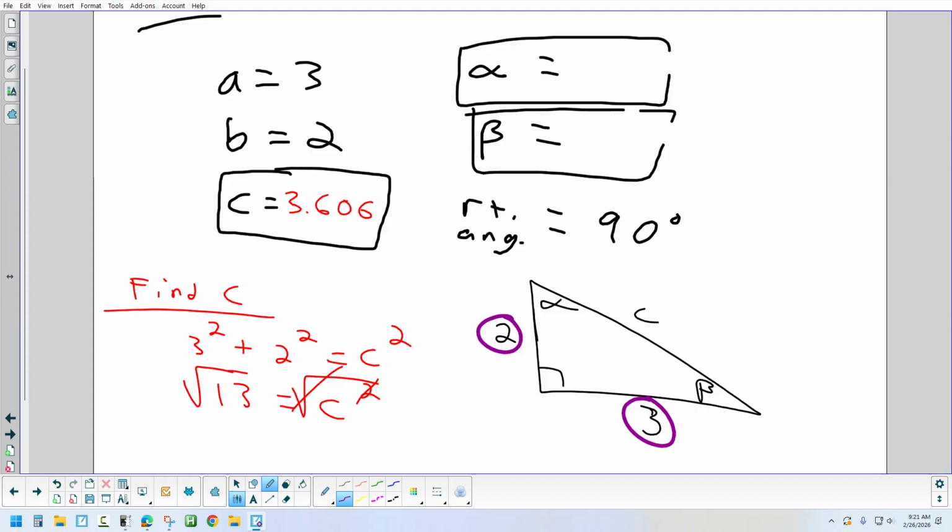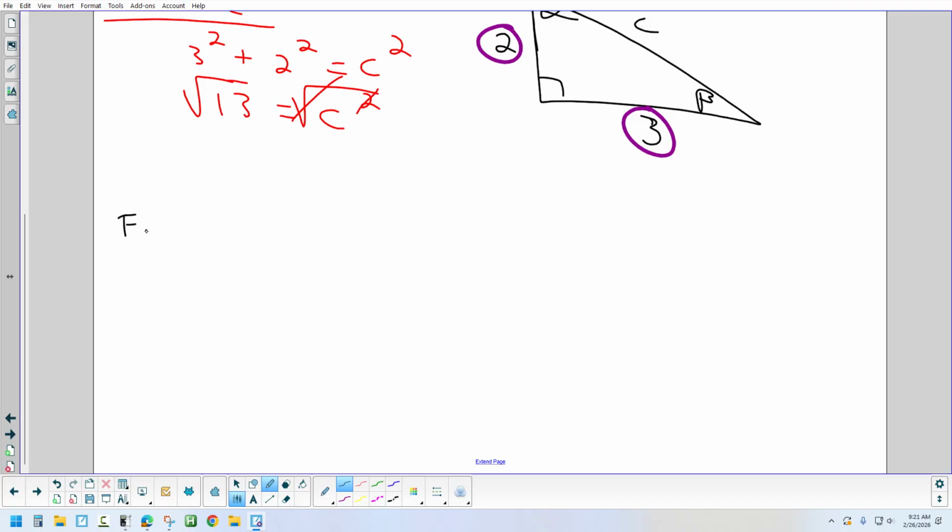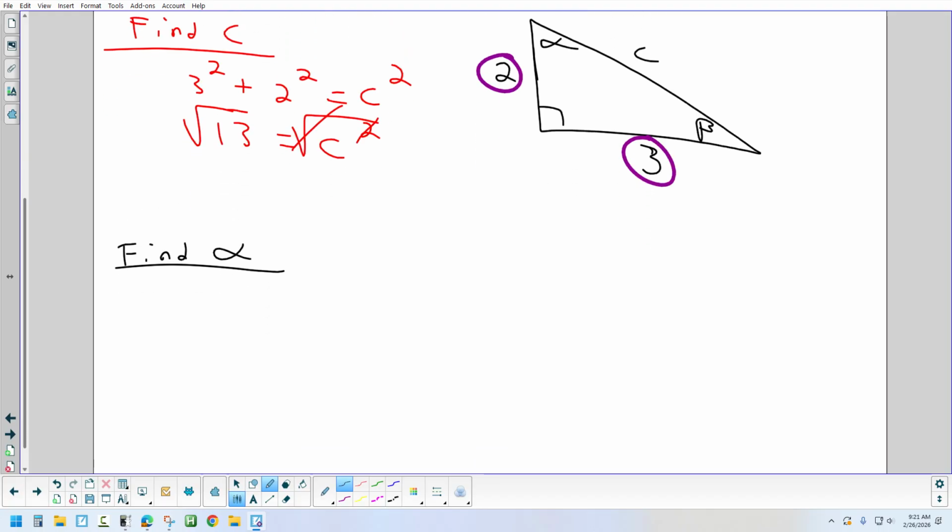And what angle did we decide we're going to do, alpha or beta first? Alpha? Okay. So let's find alpha. The equation is going to look very similar. You're going to have a trig function, which we don't know yet. Leave room for your angle. And then you're going to have a fraction on the other side.